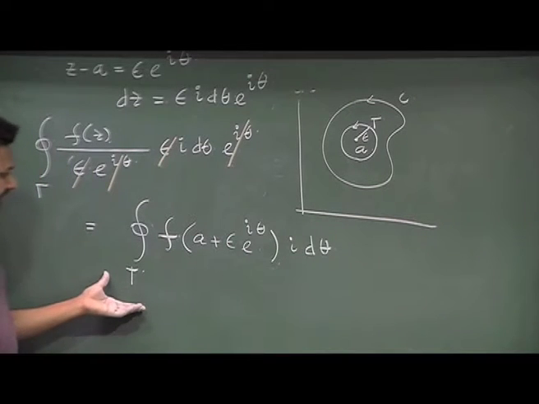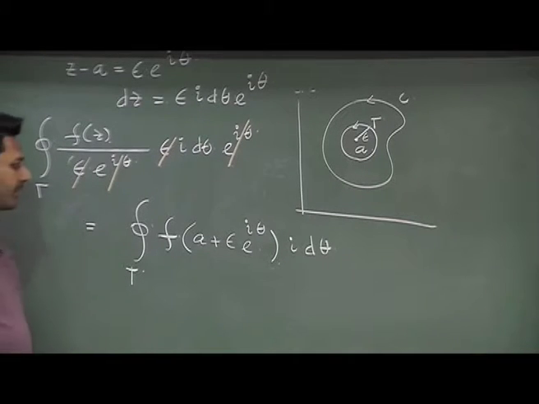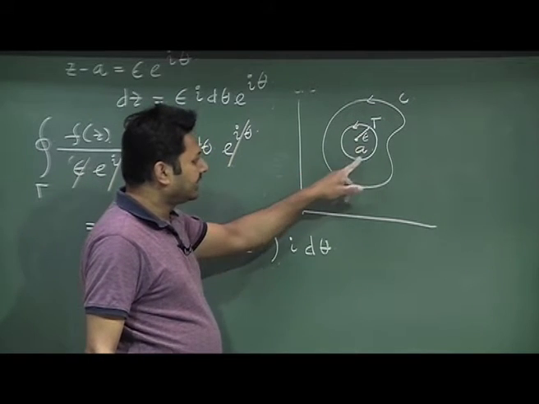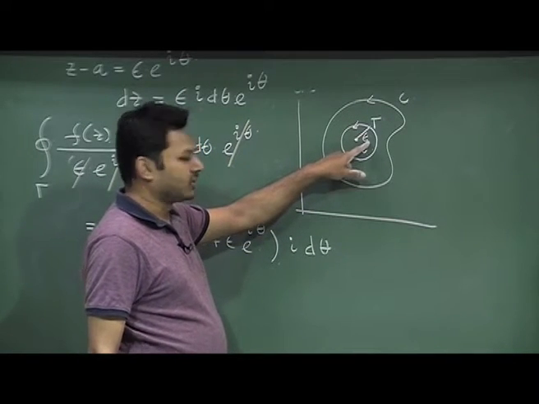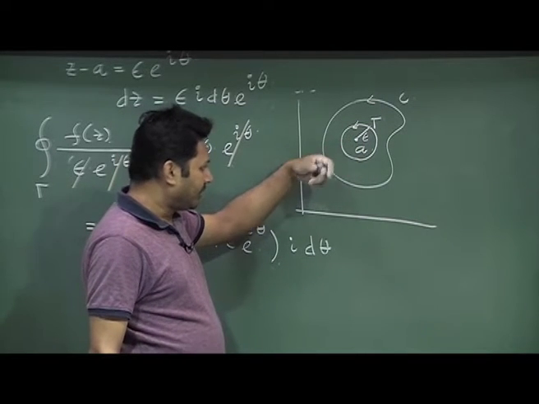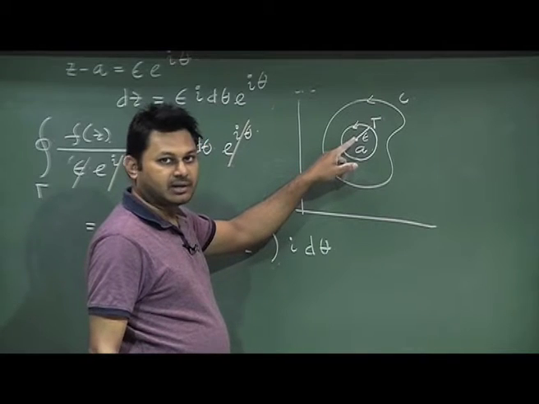Now, after having this, we will use a trick here. I choose this smaller circle gamma with some radius epsilon. You may choose another with a smaller epsilon, somebody else another with a still smaller epsilon, and so on.